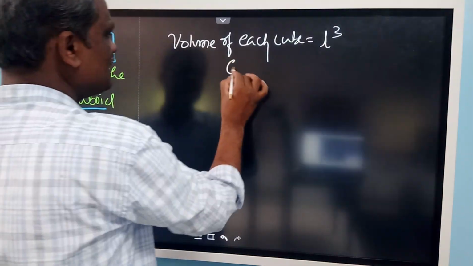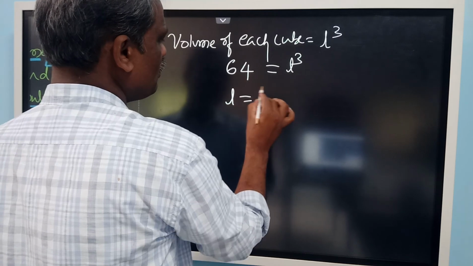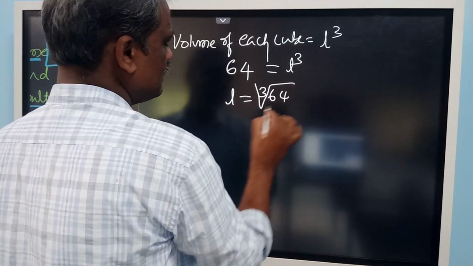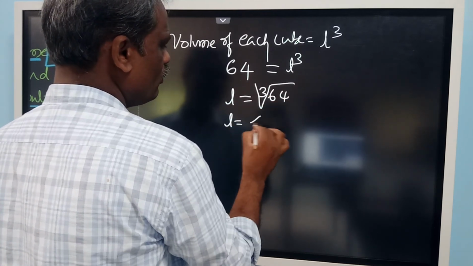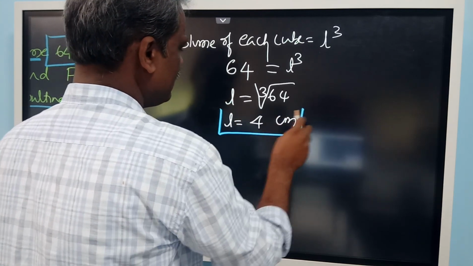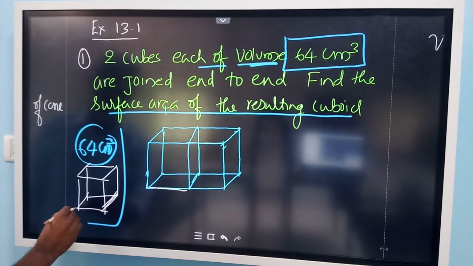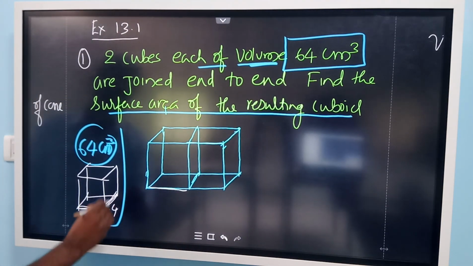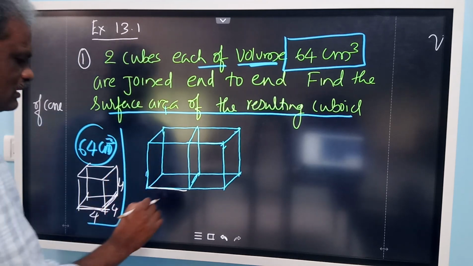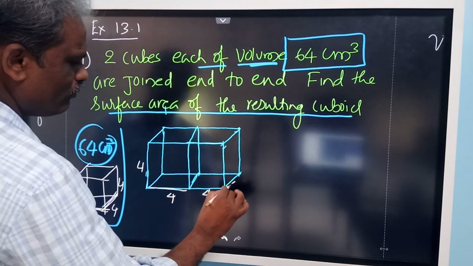It is given 64 is equal to L cube. L is equal to cube root of 64. So L is equal to 4 centimeter. So length of each edge of the cube is 4, this is 4, this is 4. Naturally this will be 4, this will be 4, then this also will be 4.